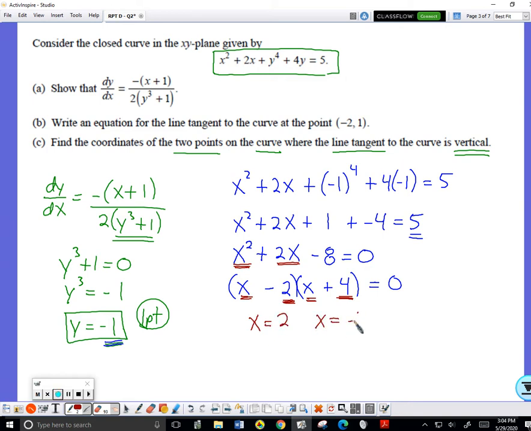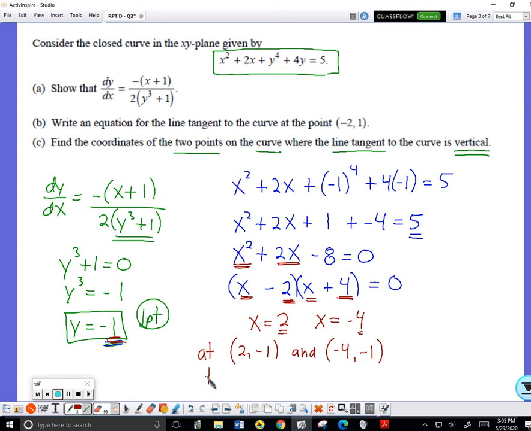The question asked me to find both points. So at x equal 2, y equal -1. And x equal -4, y equal -1.